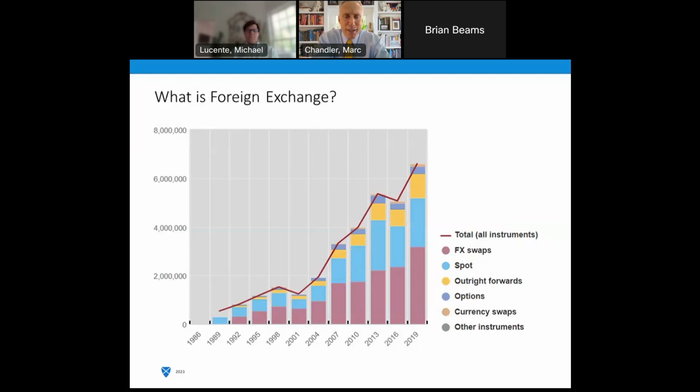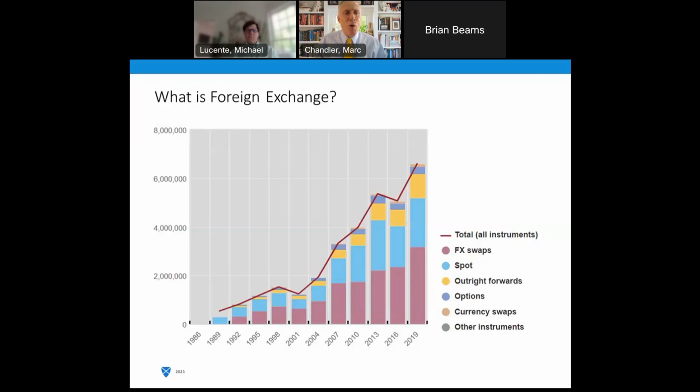The other one you want to look at is the outright forward. And the outright forward is the spot plus time. So, for example, you might be buying a German machine tool. You might have to pay a little bit of money now, but you'll pay the rest of it when you get delivery. Well, wouldn't it be good if you could lock in today's prices for that 3 months until you get that delivery?